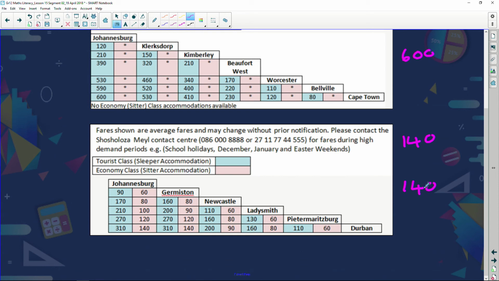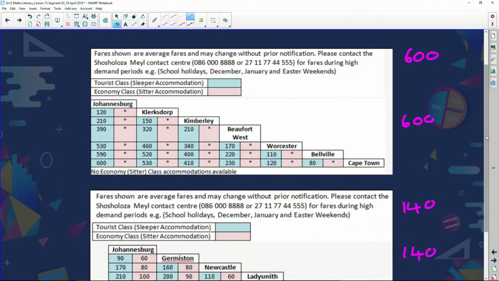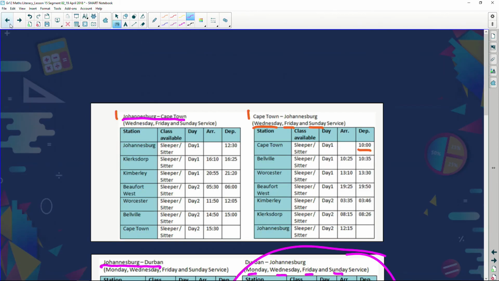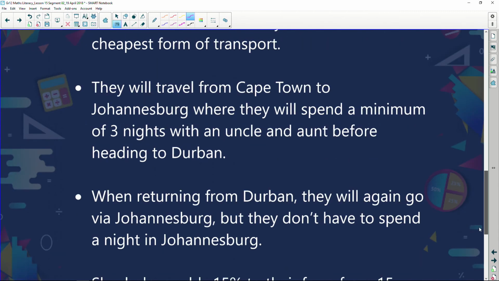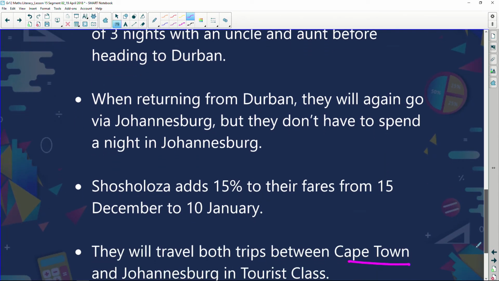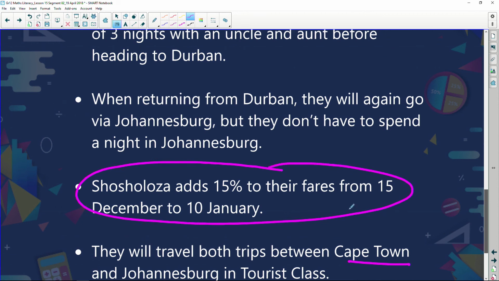But it's not as simple as that, and the reason is because our question actually said that they tend to put the fares up at certain periods. Let's have a look at this quickly. It says here that the company adds 15% to their fares from the 15th of December to the 10th of January.